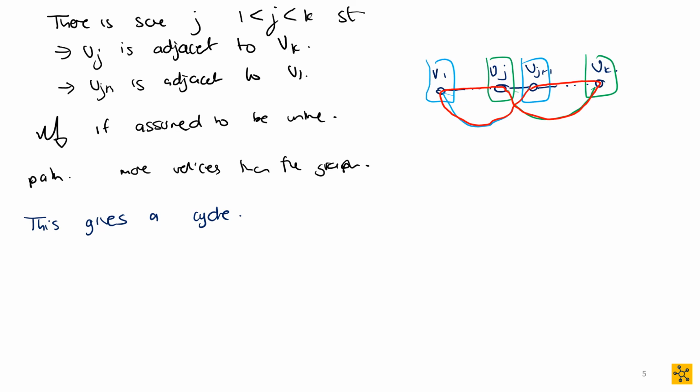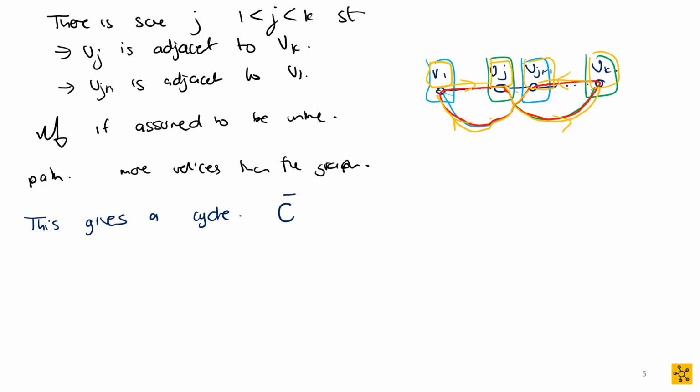We are going to go through writing the description of this cycle. Say we start at V1. We go from V1 to Vj, then from Vj to Vk, then from Vk to Vj plus 1, and Vj plus 1 all the way back to V1.